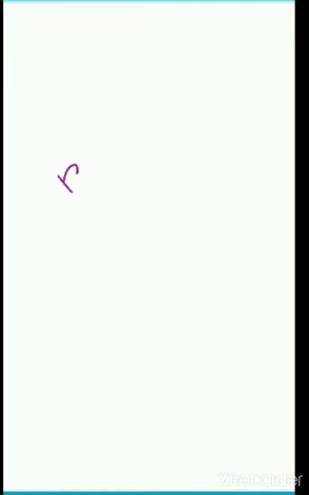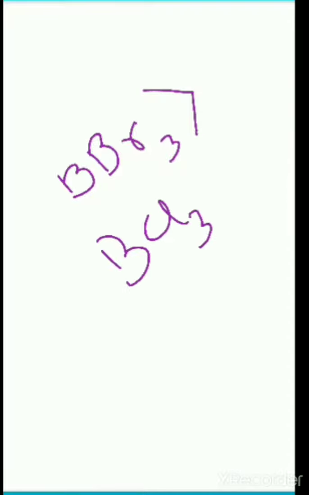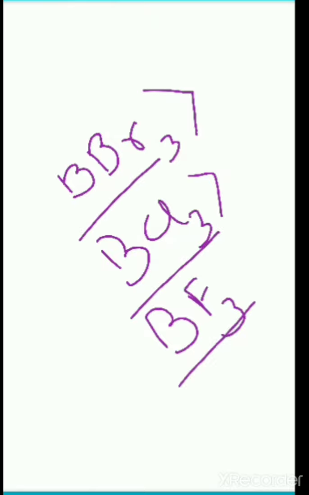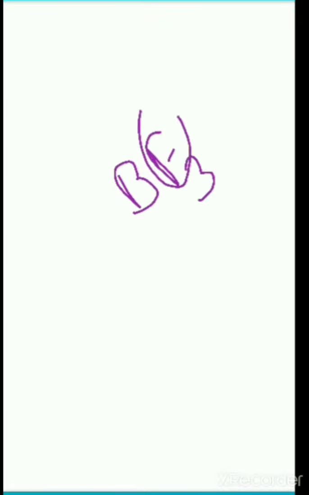Here BBr3, BCl3 and BF3. Why has this happened? This is the strongest Lewis acid. After that, this is the weakest Lewis acid. Why is this happening? We all know F is the most electronegative, right?